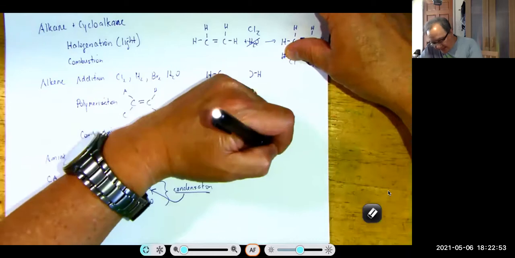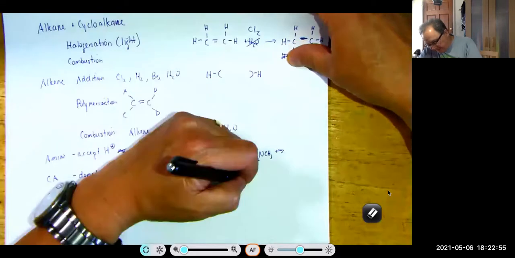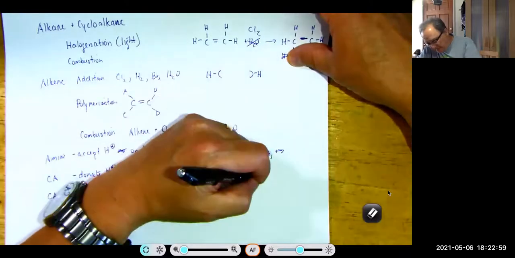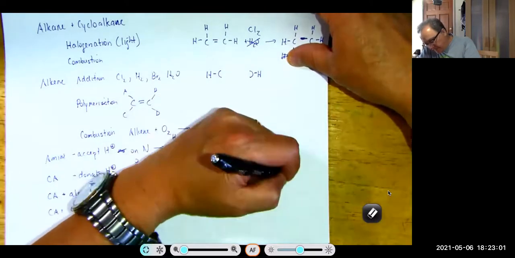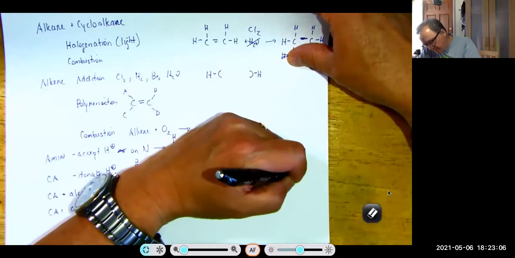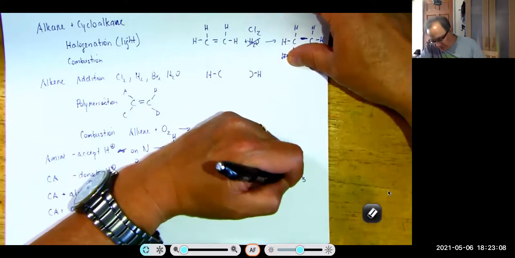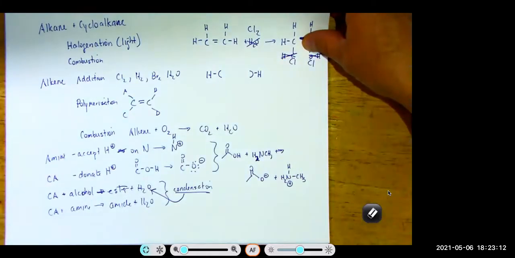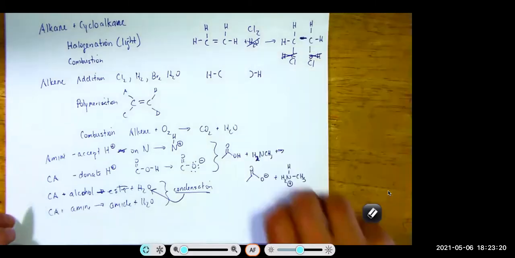And when they react, you get this. So is there any water there? No. Okay, so we just have to remember on the acid-base reactions to put the formal charge.